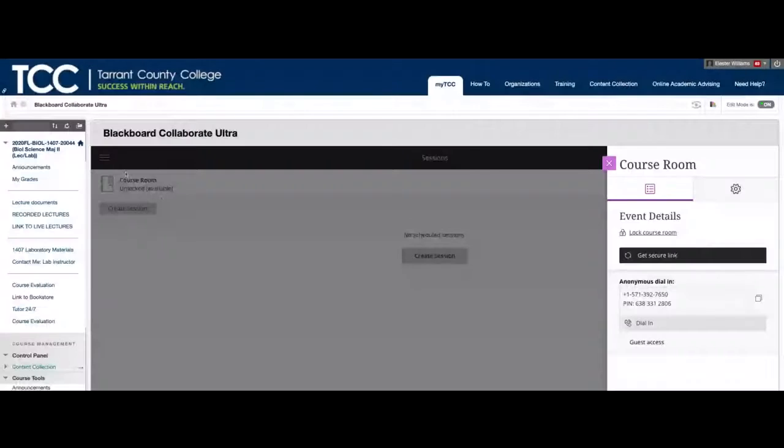So what I will do now is share my screen, and we're going to be looking at the course shell specifically. All right, now you should be looking at the course shell. As always, the links to your lab materials are under the 1407 laboratory materials link.